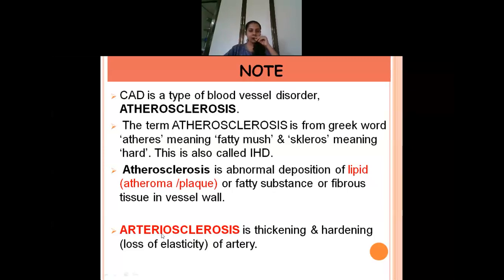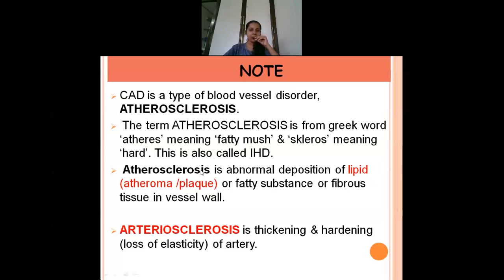Please remember the spelling of this, because one more term will come, that is arteriosclerosis. Atherosclerosis is taken from the Greek words atheris, which means fatty mush, and sclerus, which means hard. So atherosclerosis or coronary artery disease is also called ischemic heart disease.